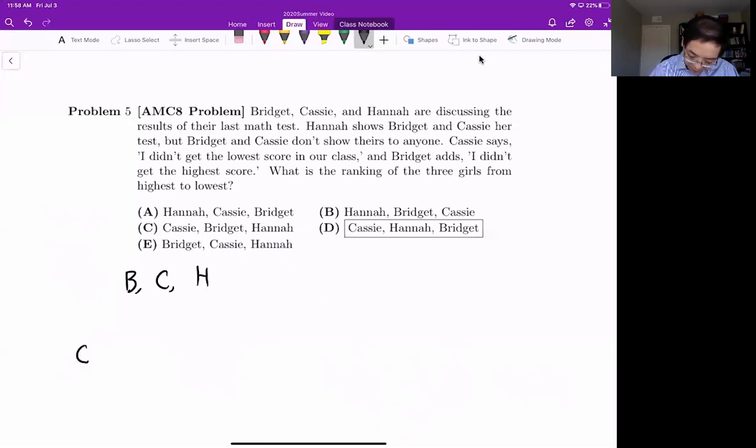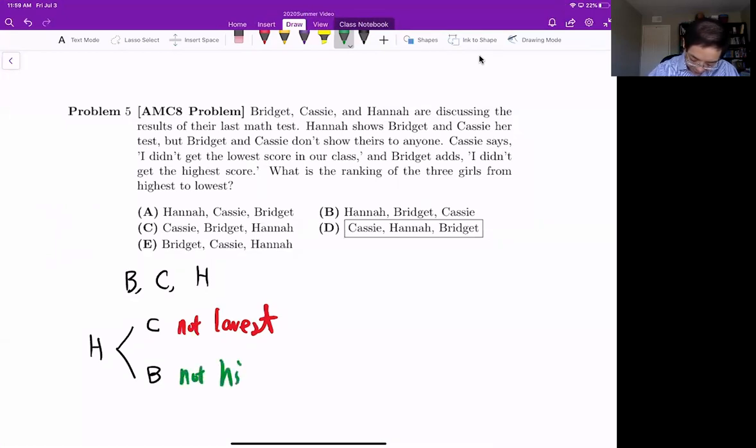Let's say this is C and this is B. C, Cassie, says, I didn't get the lowest. Okay, not the lowest. And then B said, I didn't get the highest. Okay, not the highest.